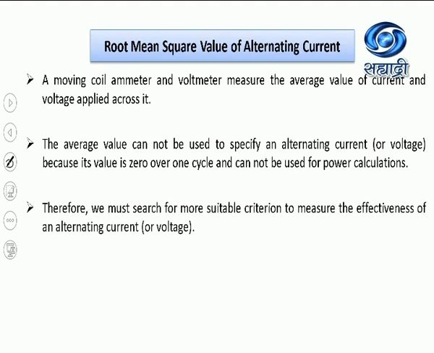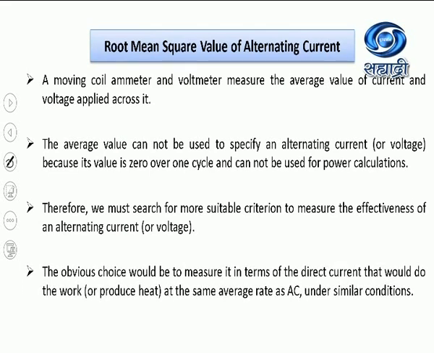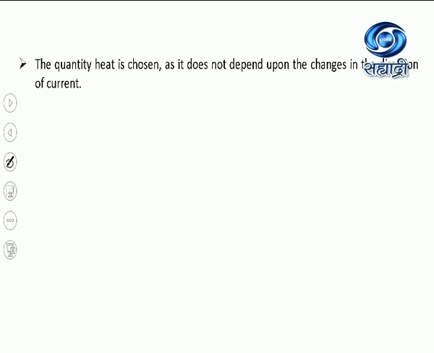Therefore, we must search for a more suitable criterion to measure the effectiveness of an alternating current or voltage. The obvious choice would be to measure it in terms of direct current that would do the same work or produce the same amount of heat at the same average rate as AC under similar conditions.